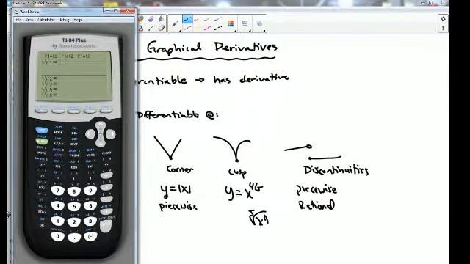What if I did x cubed minus x squared plus x? I made that up, so hopefully it works.